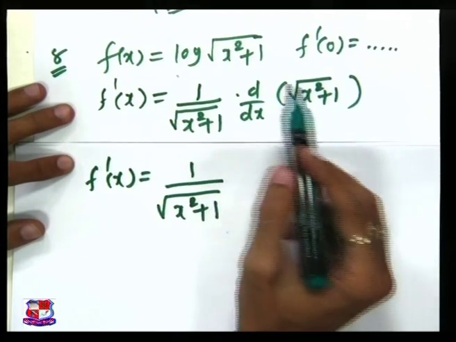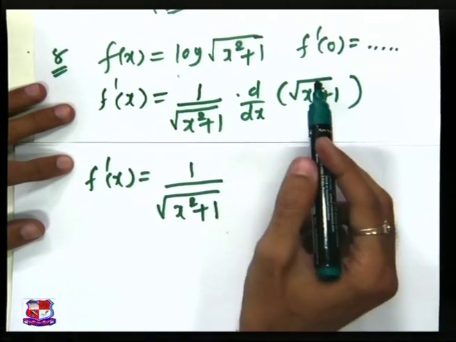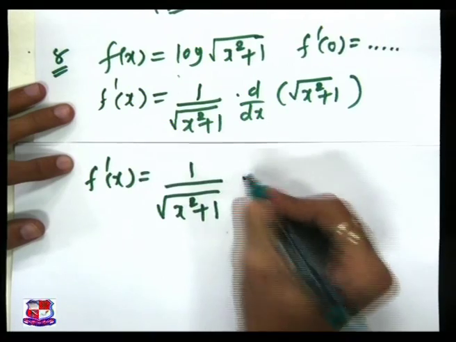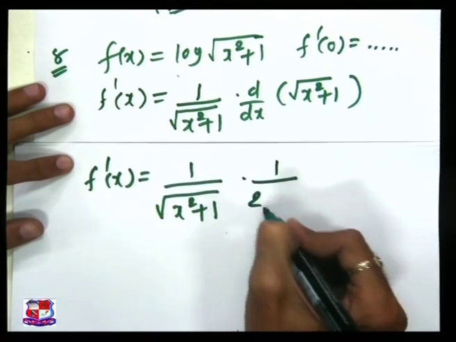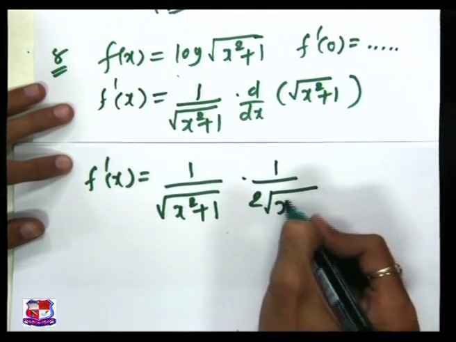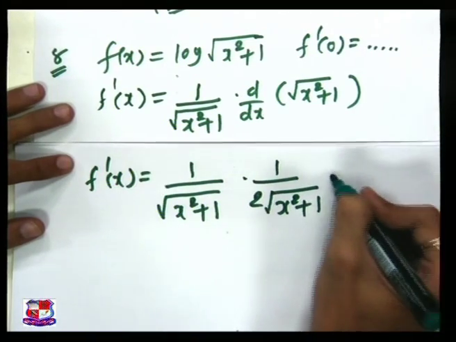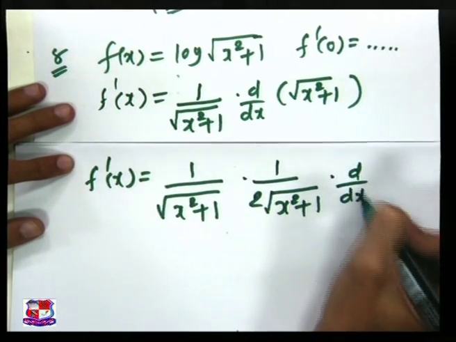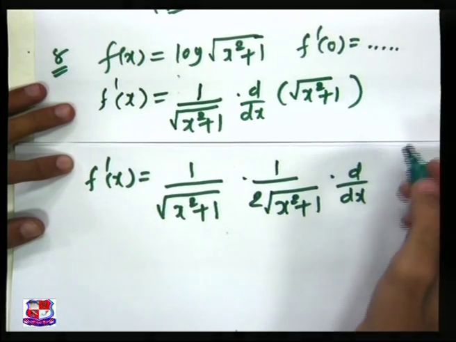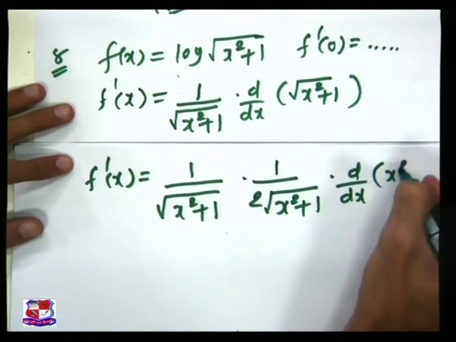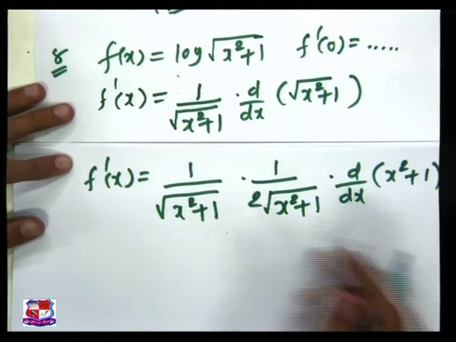We know that the differentiation of root x is equal to 1 upon 2 root x. So this is equal to 1 upon 2 root x square plus 1 into, again we will use the chain rule, d by dx of x square plus 1.